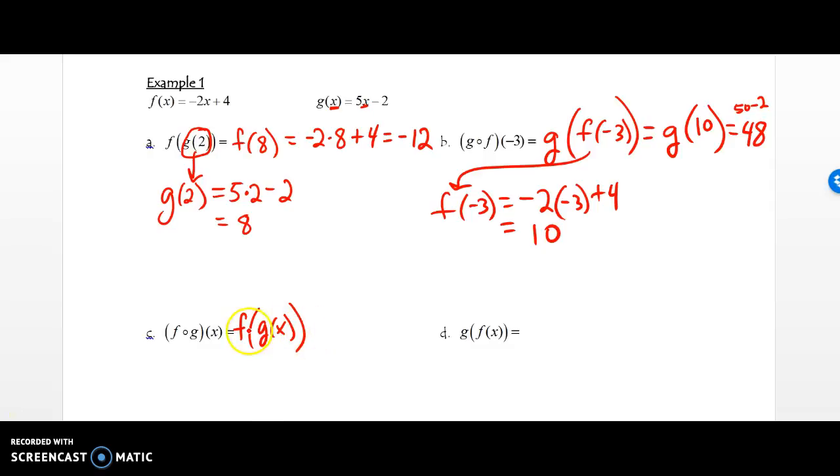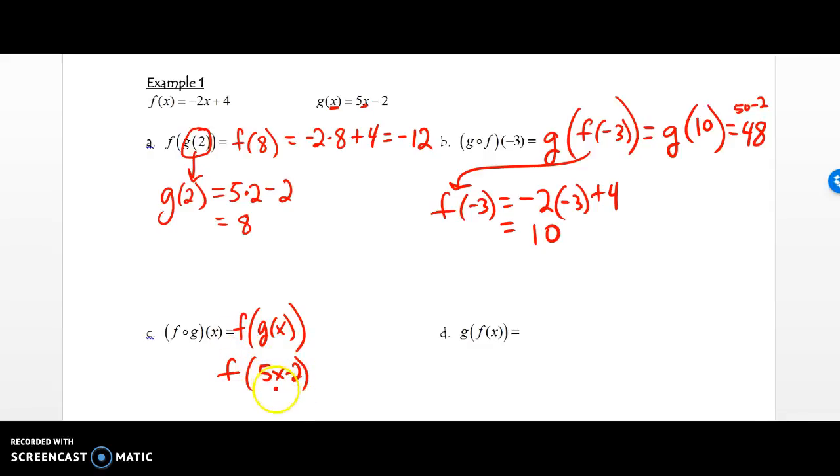Okay, so we're going to do C and D. And now the difference here is that we're not using a value or a number for x. So this answer for C and D is going to be another expression. So the notation in C says that we're going to put function g into function f. So g of x is the quantity 5x minus 2.